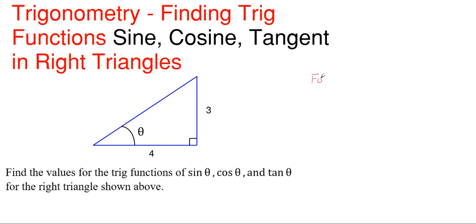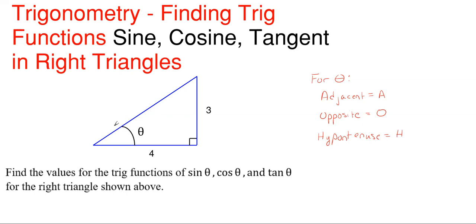For the angle, which is theta, we need to know what the adjacent side is, which we are just going to label as A. We have to know what the opposite side is, which we are just going to label as O. And we also have to know the length of the hypotenuse, which we're just going to write as capital H.